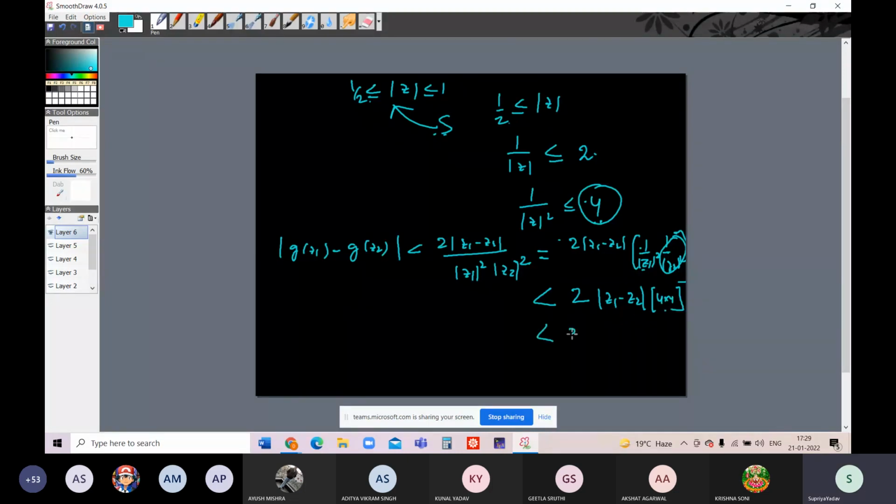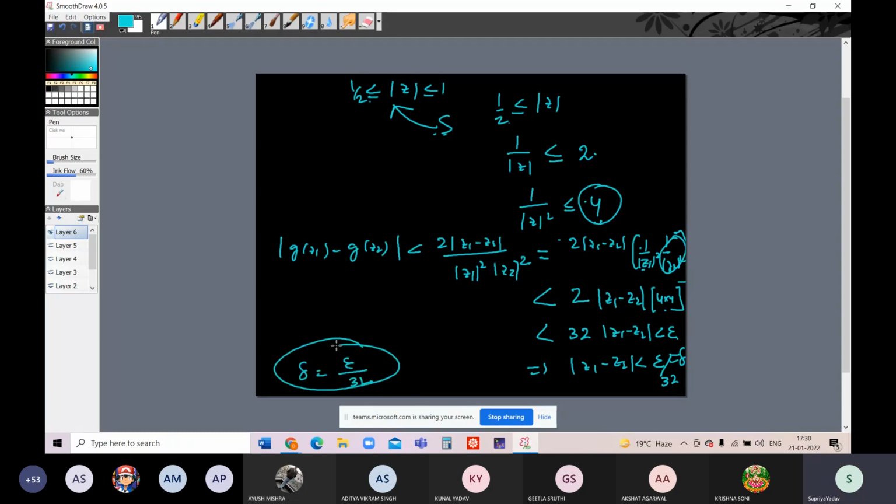So total is, it will be 32 mod z1 minus z2 less than epsilon. So from here we will get mod z1 minus z2 is less than epsilon by 32, and we will choose delta as epsilon by 32.